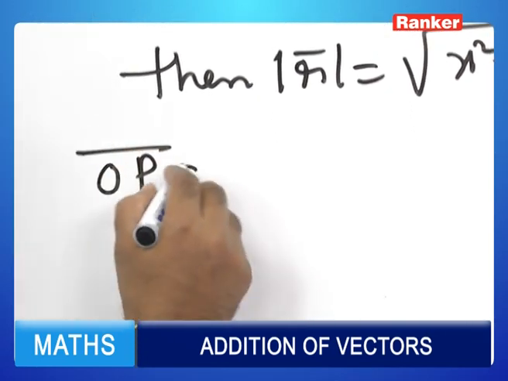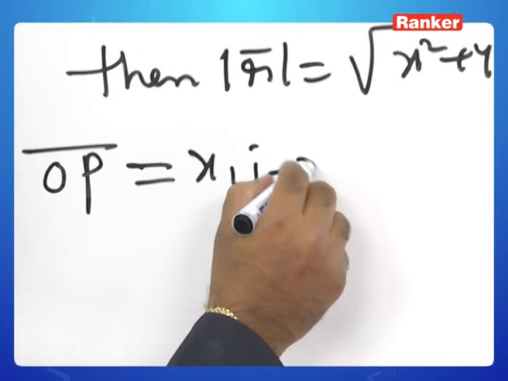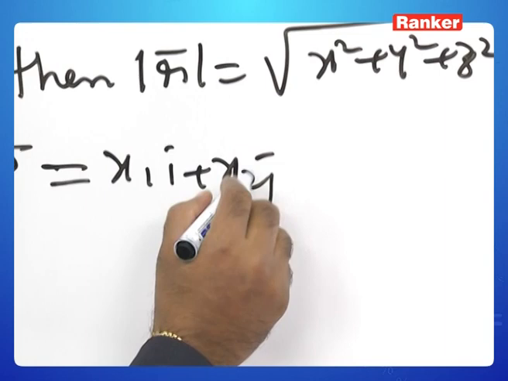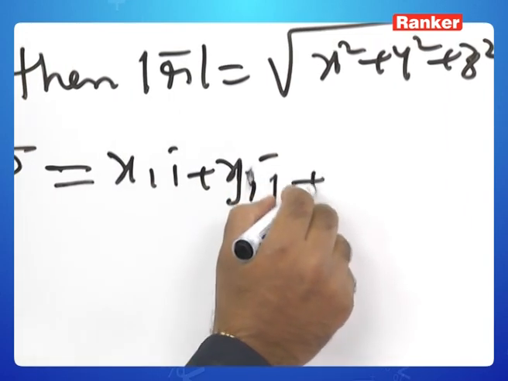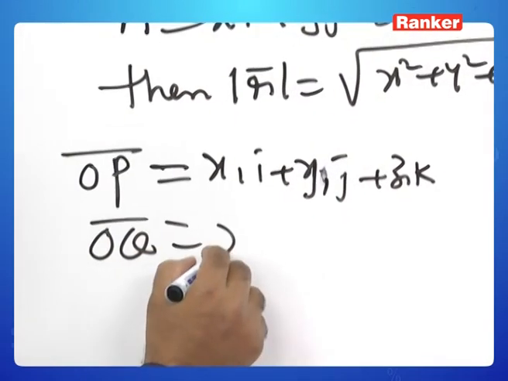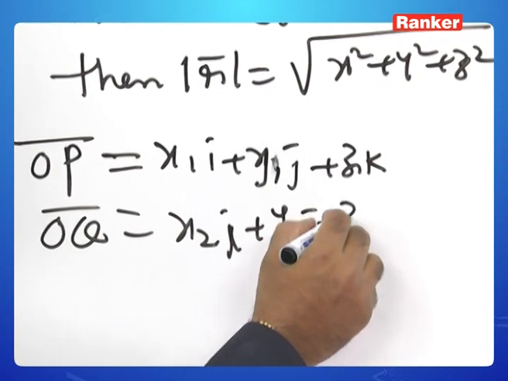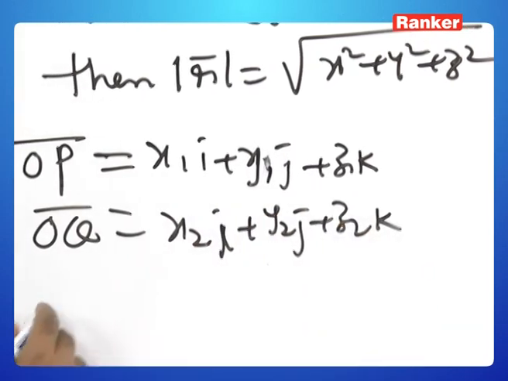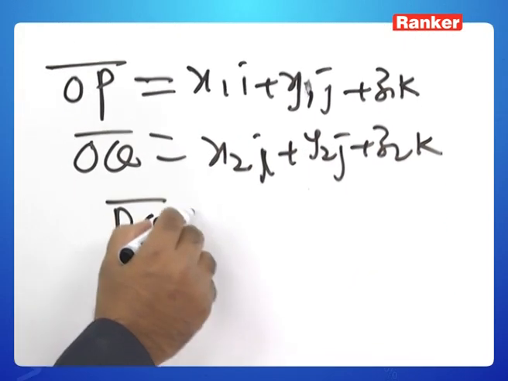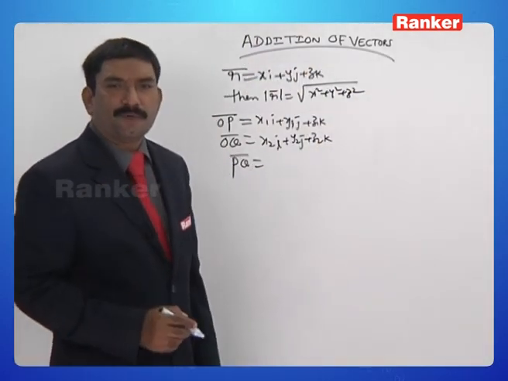In the same fashion, if OP bar is equal to x1i plus y1j plus z1k, and OQ bar is equal to x2i plus y2j plus z2k, then PQ bar can be expressed using the position vectors of its extremities.